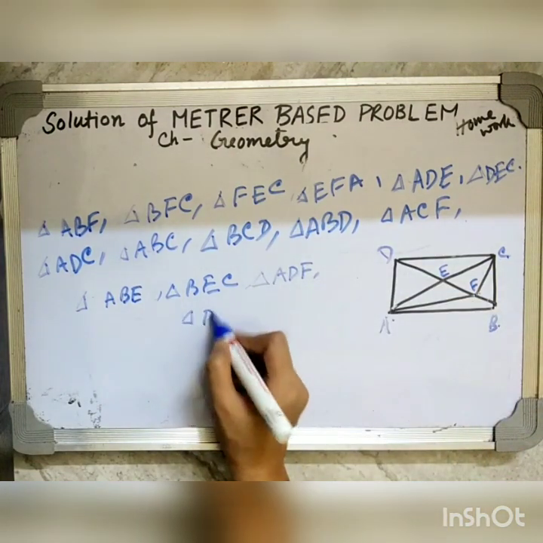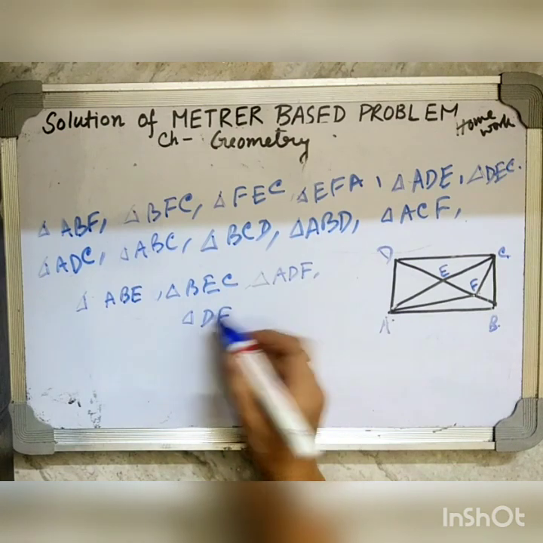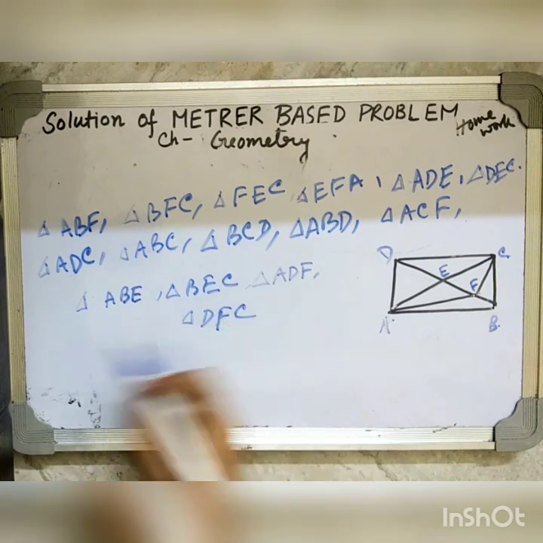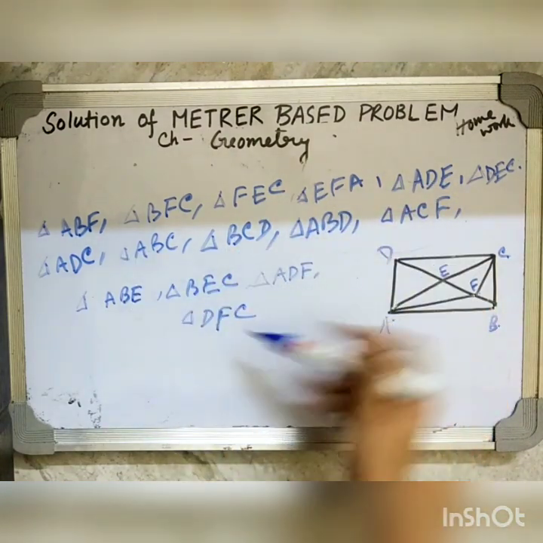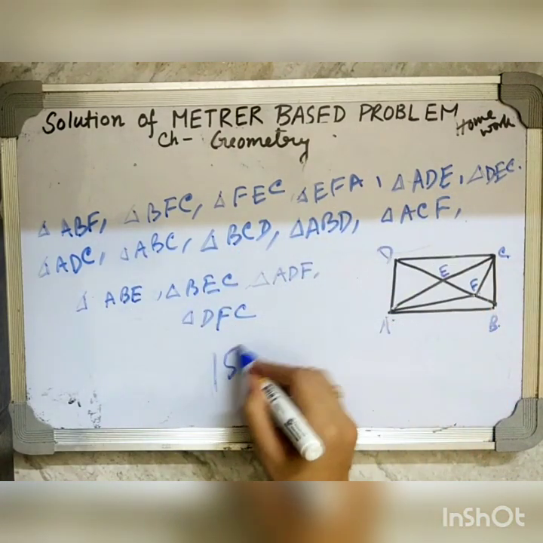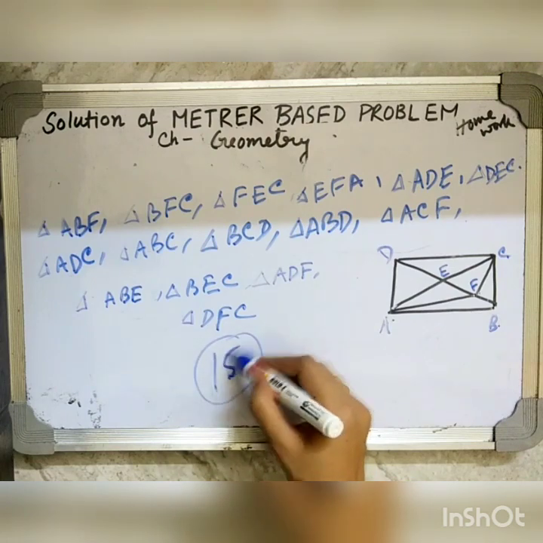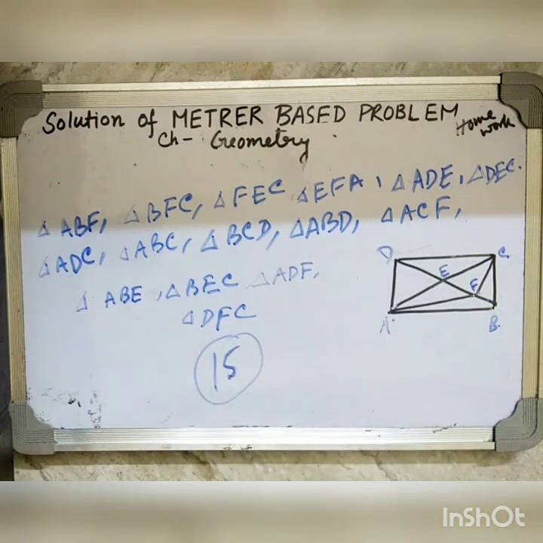This one. So how many triangles we are getting? 3, 6, 9, 12, 15. So total 15 number of triangles are there, which is given in this figure. Okay. So just by giving names, you can find the total number of triangles which are given in different figures.